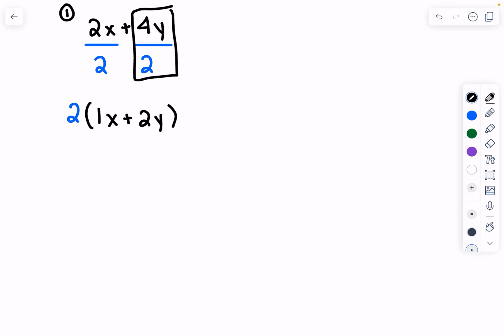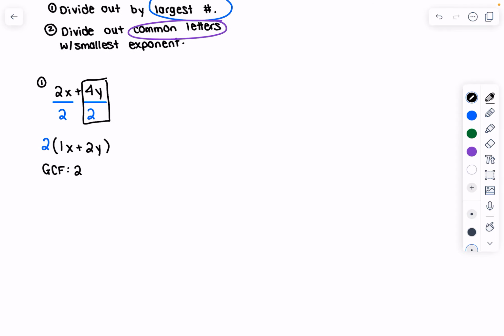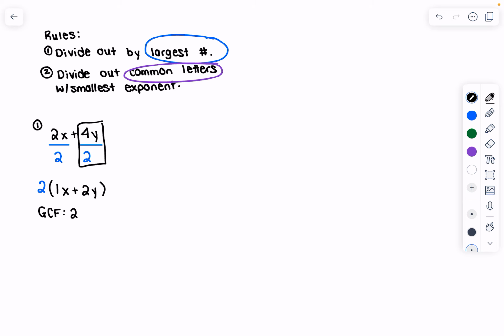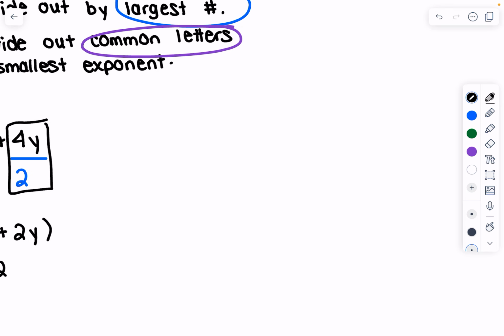If we took 2 and redistributed it into both terms within the bracket, 2 times positive 1x is 2x. 2 times positive 2y is positive 4y. Our GCF was positive 2. Okay, that case is pretty nice because it's really just a number you're pulling out. There's really no issues with letters.